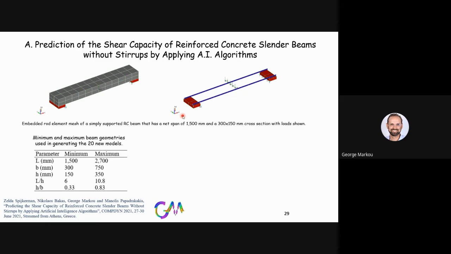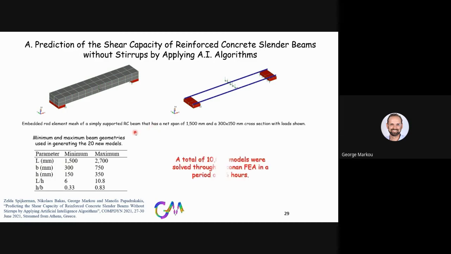And we generated, in this case, 20 new geometries ranging in terms of length, section width, and section height, and of course different reinforcement ratios. And for each and every new geometry, we run an analysis for 500 different material and reinforcement combinations.